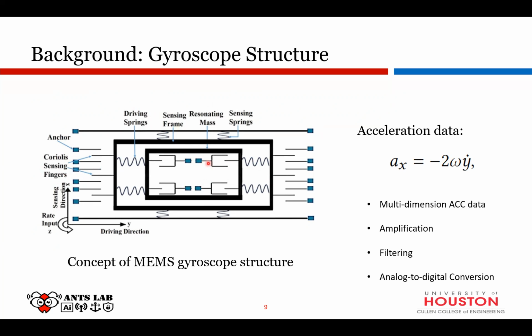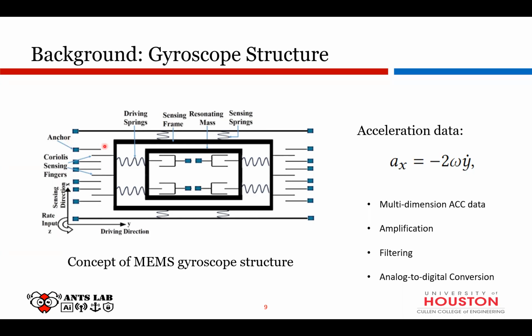On each of these axes, when there is an acceleration, the spring will be driven by the Coriolis force. Driven by this force, the spring will generate a single degree of freedom vibration along the axis. It will change the capacity between these fingers and anchors.